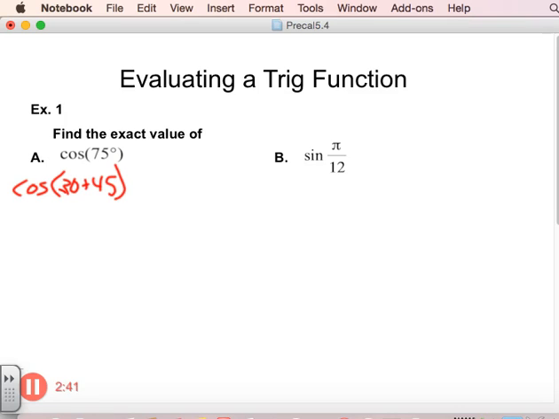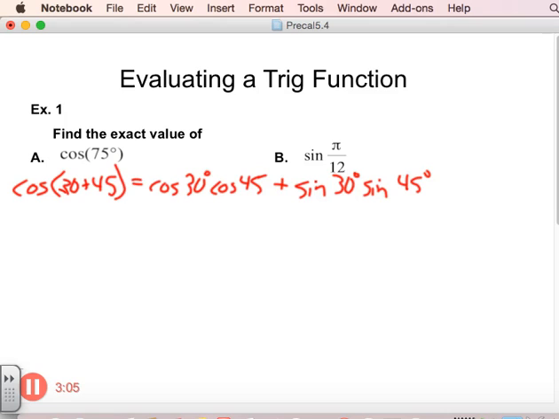So cosine of 30 plus 45. Using our sum formula for cosine, we know that that's cosine of 30 degrees times the cosine of 45 degrees plus the sine of 30 degrees times the sine of 45 degrees.